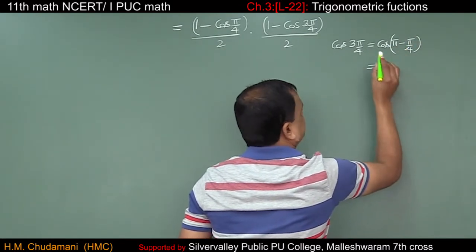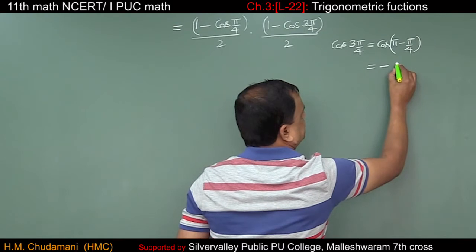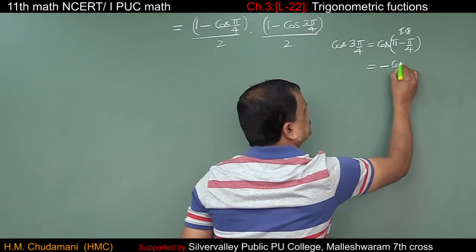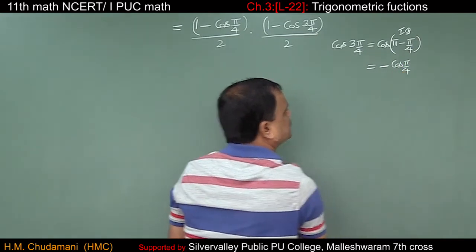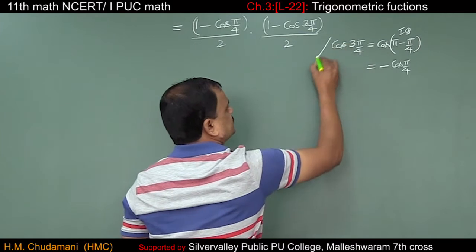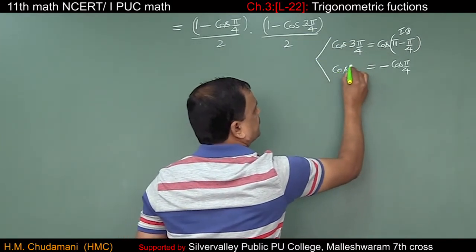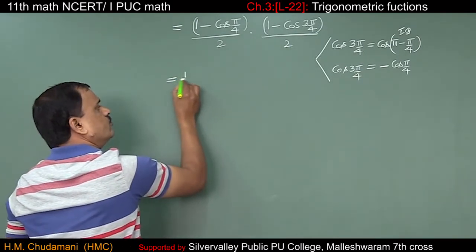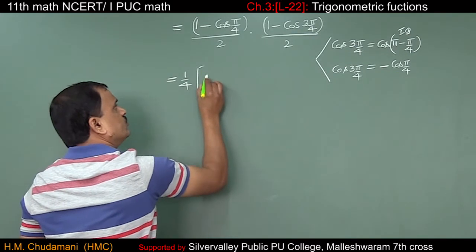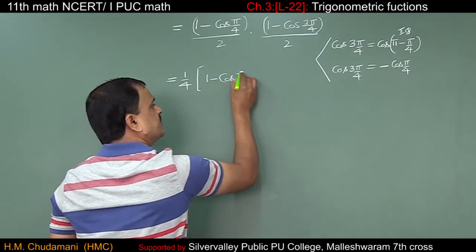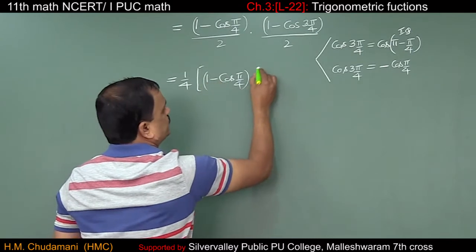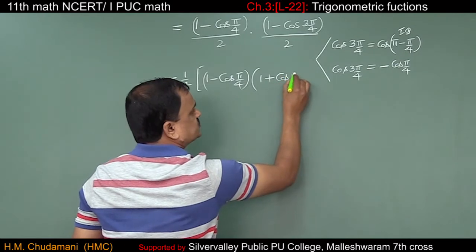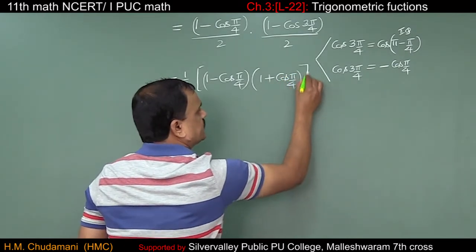So that is nothing but minus, 180 minus theta, okay, minus cos pi by 4. So cos 3 pi by 4 can be written as minus cos pi by 4. 2 into 2, 4, 1 by 4 into 1 minus cos pi by 4 into, this is minus of minus, plus, 1 plus cos pi by 4. Agree?